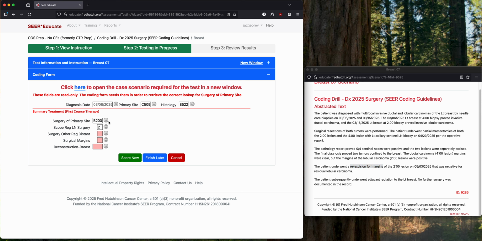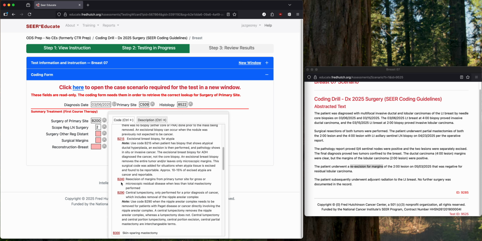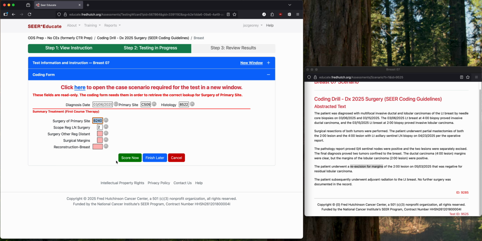There's a code for that, which is this one, 240. Re-excision of margins from primary site for gross or microscopic. So yeah, re-excision, we would do that one.